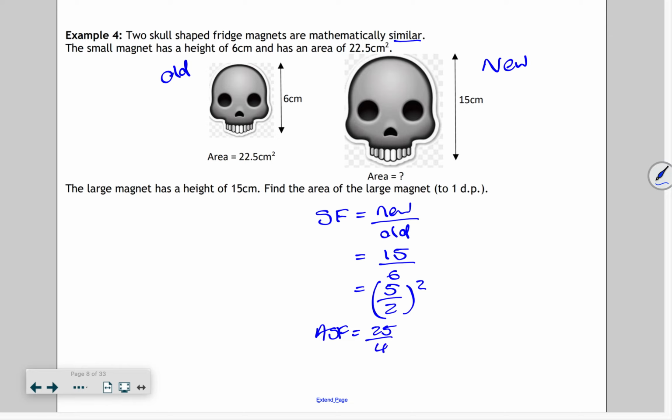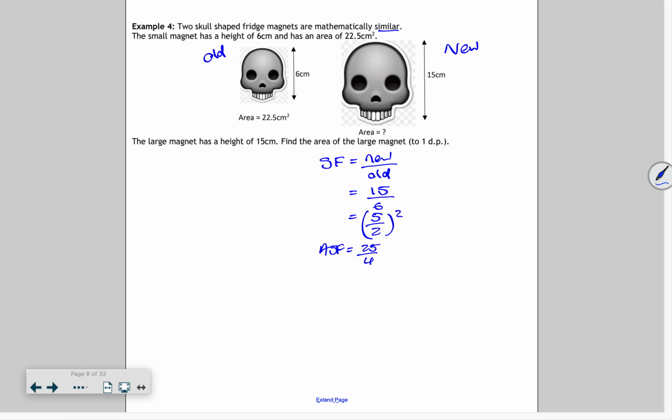And then I can go ahead and multiply to find out the area of the large skull. So the area is going to be 25 quarters times 22.5. Go to your calculator, 22.5 multiplied by 25 quarters gives me 140.625 centimeters squared. And that's how easy it is. That's us working with similar areas.